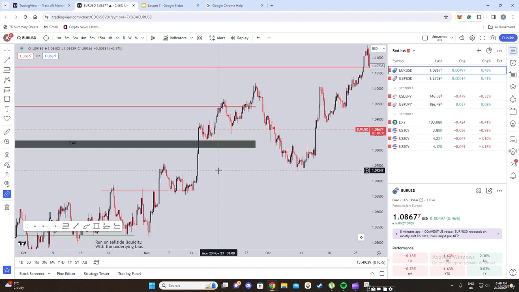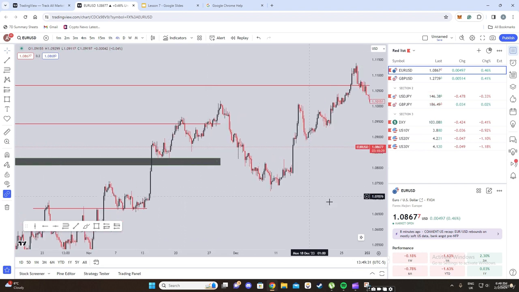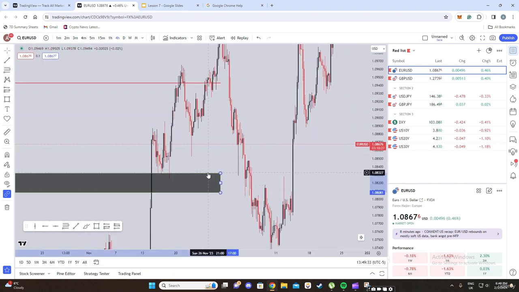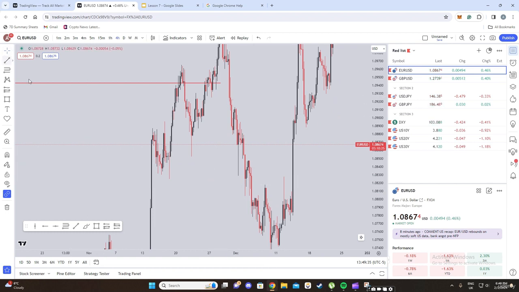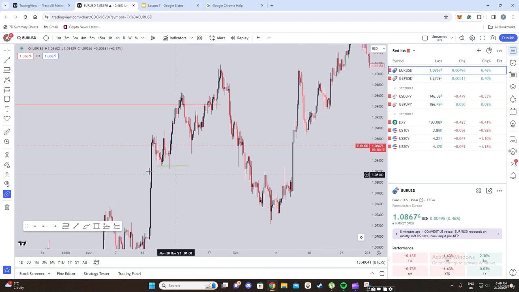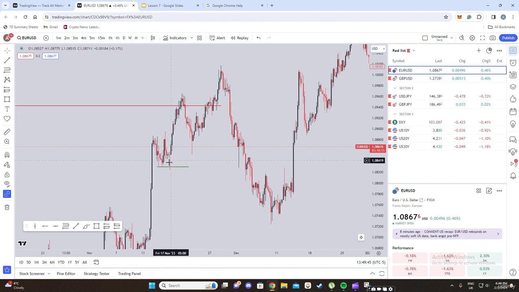The next thing that price did was price came, took out this short-term sell side liquidity with this swing low here, but our bias is still bullish. So that's what we want to see. We want to see price make a run on the sell side liquidity before a displacement higher.